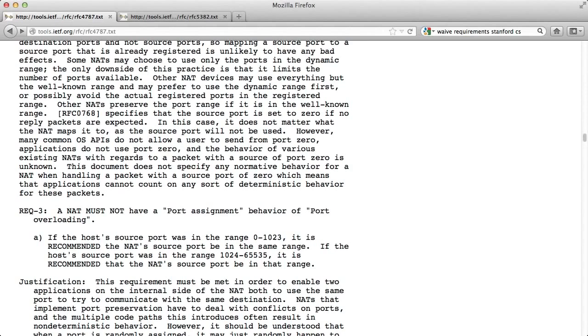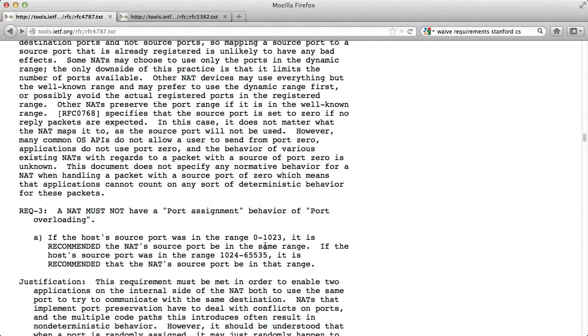That's a historical artifact, but applications have made assumptions based on this. So, so we don't break things, one requirement says that if the internal port is between 0 and 1023, then the external port should be between 0 and 1023. And the opposite is also true: if it's in 1024 to 65535, then the external should be in that range too.